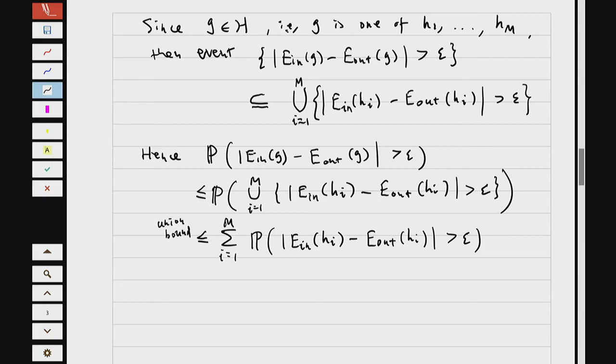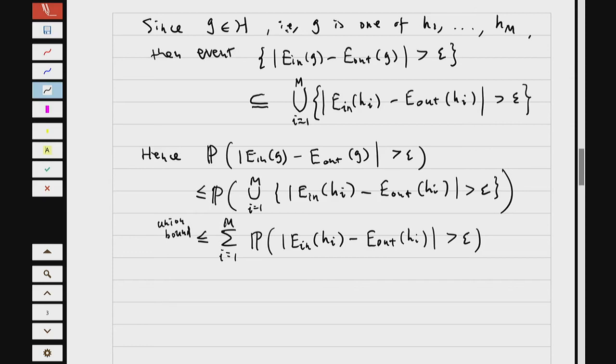Now can we use the Hoeffding bound? Is the Hoeffding bound applicable now for this error? It is, because this is for any general h_i. It has nothing to do with the data set. Each one of them satisfies independence, so we can use the Hoeffding bound.